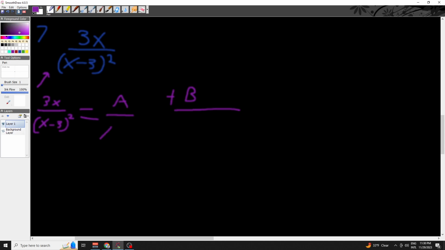So here, it's just going to be x minus 3 and x minus 3 squared, because the brackets are rounded to 2, so it just goes to a and b. Which makes it thankfully a lot easier for us to solve, because now we're going to multiply the entire equation by x minus 3 squared.